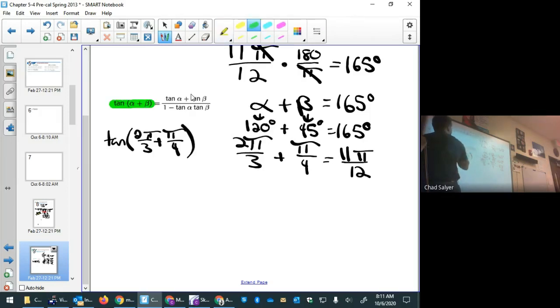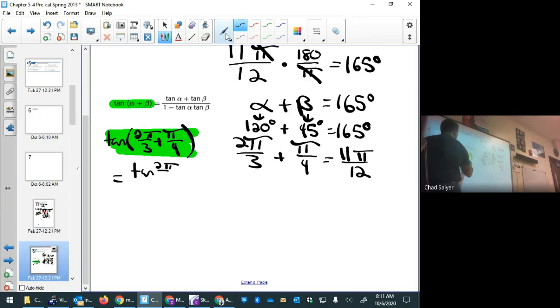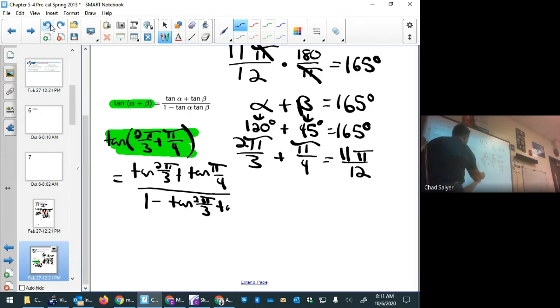You see how that's like this, is equal to the tangent of 2 pi over 3 plus the tangent of pi over 4, divided by 1 minus the tangent of 2 pi over 3 times the tangent of pi over 4.